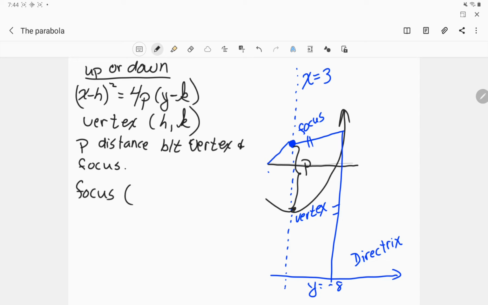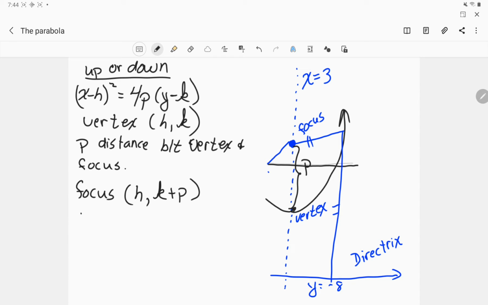So what's going to change is my y values because I'm going up. So my focus point, the x value is the same. However, the y value is whatever the y value in my vertex was plus p because I'm going up p spaces. All right.